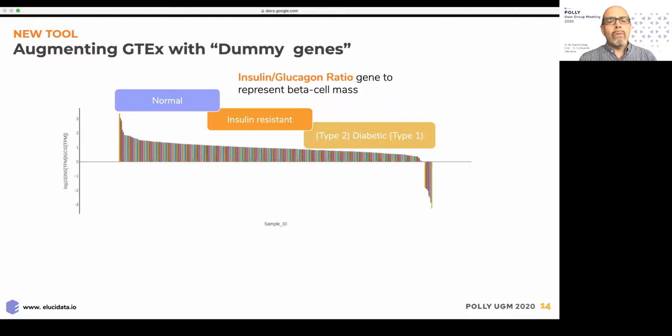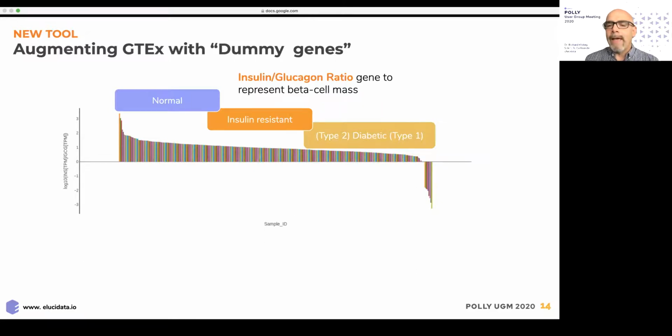And like with just insulin, if we look across these samples, we see that there is a large amount of variability within our donors. But the question we're asking is a little bit more analytically straightforward, because now the normals are to the left, the insulin resistant is in the middle, and the type 2 and the type 1 are to the right.